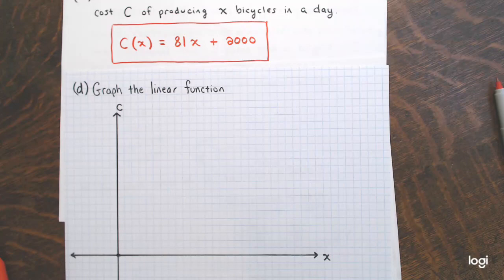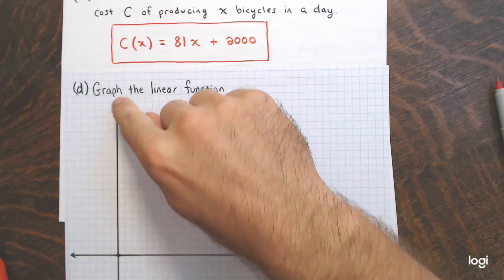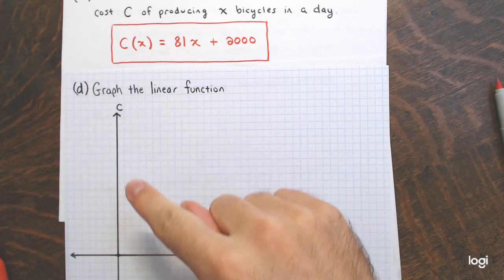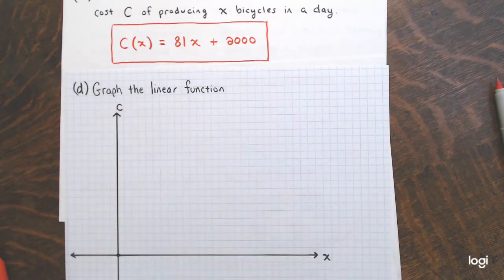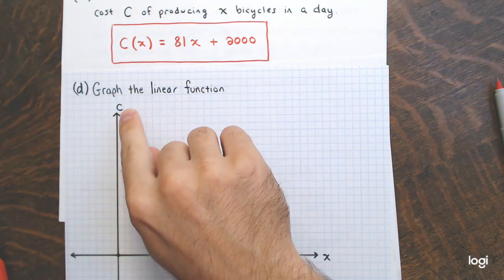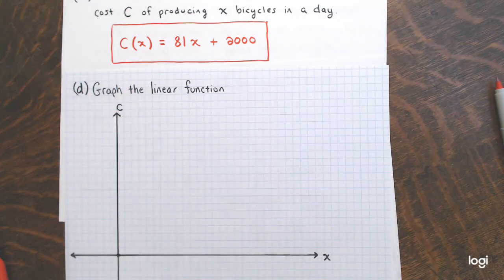I think a very easy one to find would be the c-intercept. Remember the horizontal axis usually represents the input variable, the x here. The vertical axis is typically used to represent the output variable or the dependent variable, which is the cost, c. You can also call this y if you want. There's nothing really wrong with that, but I'm going to call it c for cost.